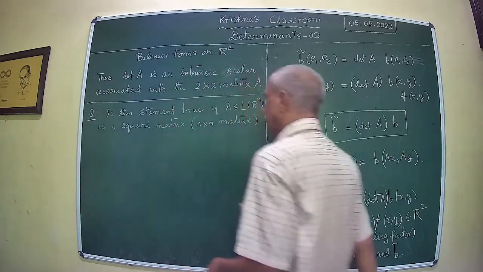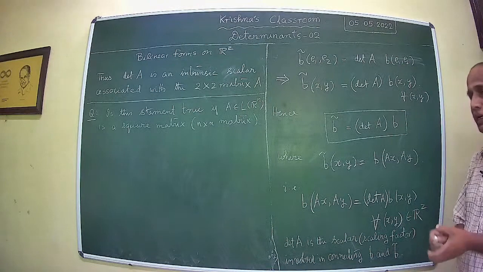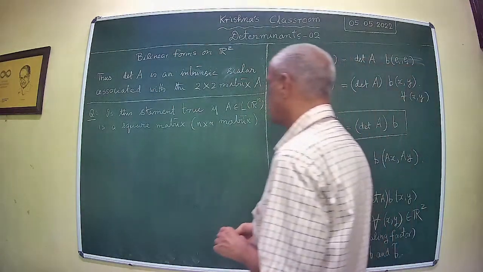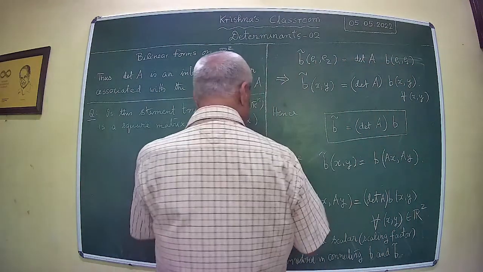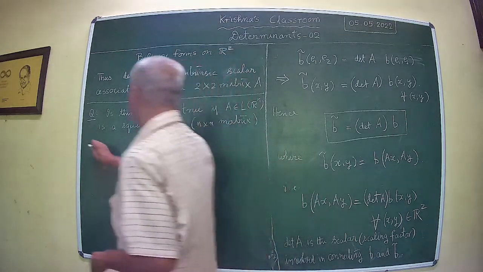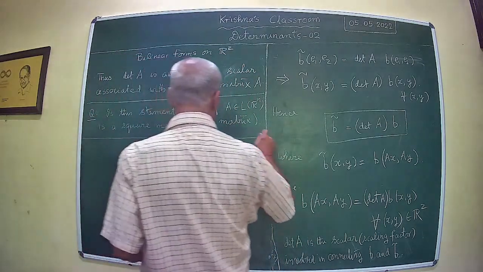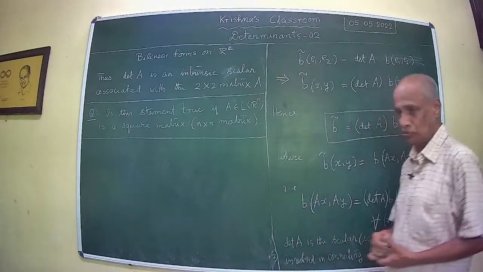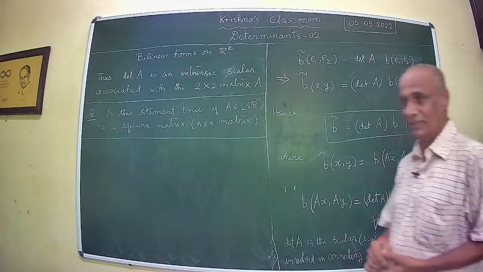So what we have defined as the determinant of an n by n matrix is this again having the same form. Now that will be our theme for investigation for the future. Okay, thank you very much.